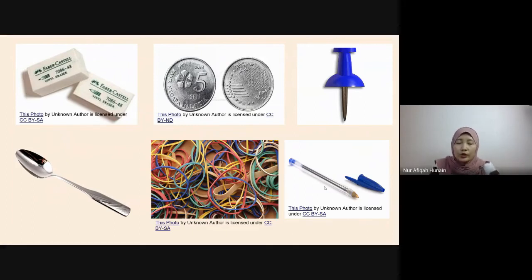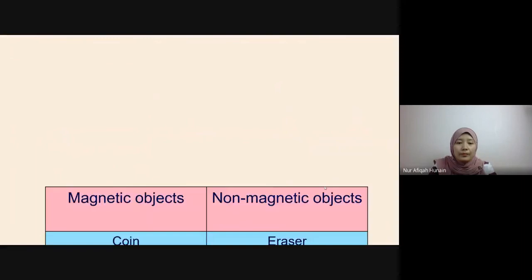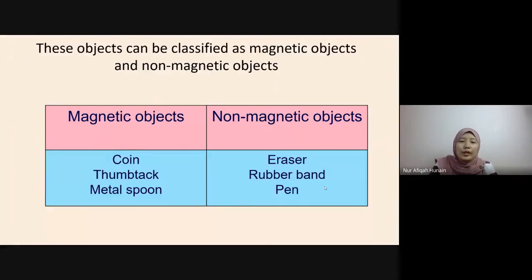Okay, so you choose which characteristic you want to use to classify these objects. Here I put magnetic objects and non-magnetic objects. Coin, thumbtack, metal spoon. For non-magnetic objects, eraser, rubber band, and pen.